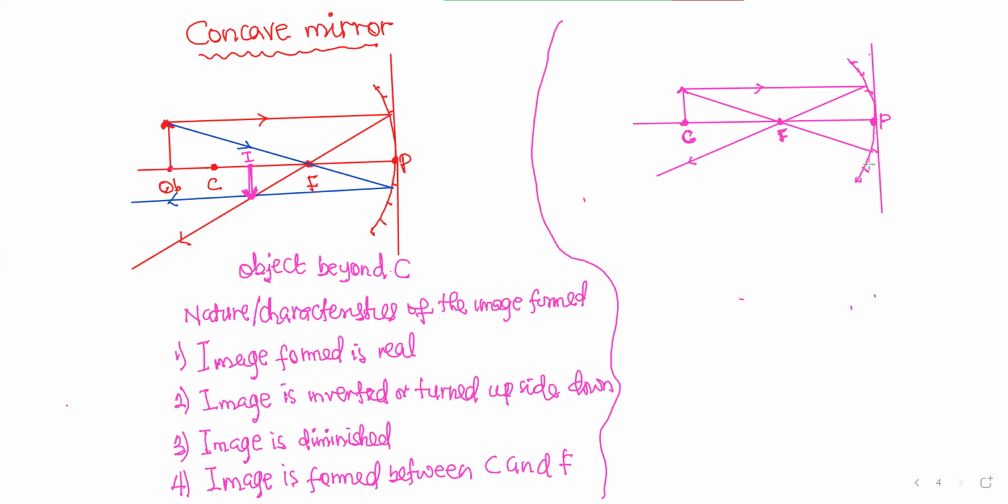Ideally, when you place the object at C, the image must also be at C. But because I am not using a ruler, estimating the measurement is difficult, so my image is not exactly where it's supposed to be.